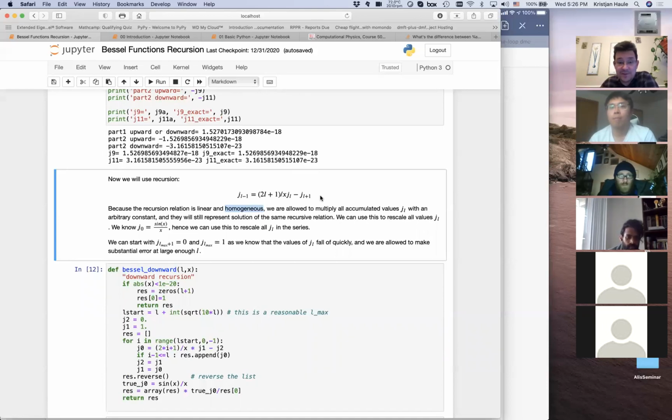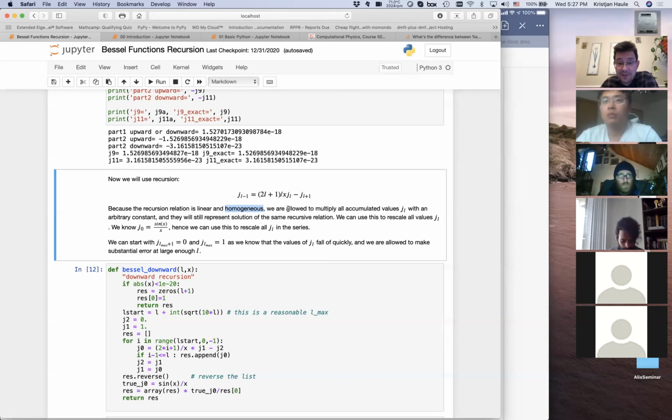So it's obvious from this equation that we are allowed to multiply the entire equation with an arbitrary constant, 2, 10, 100, whatever, with an arbitrary floating point number or even complex number, and we get a sequence which still satisfies exactly the same relation, isn't it?